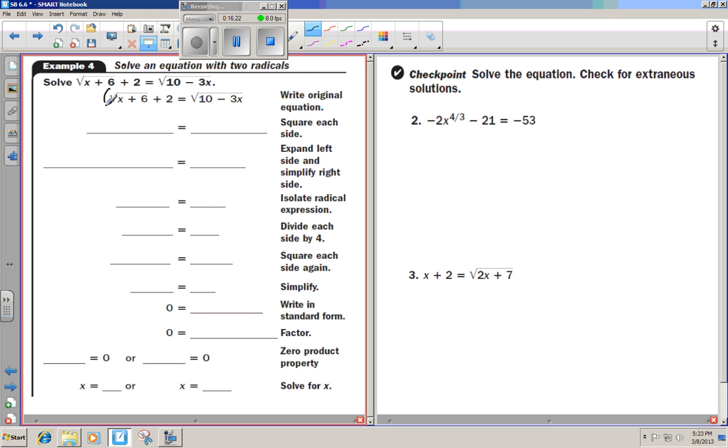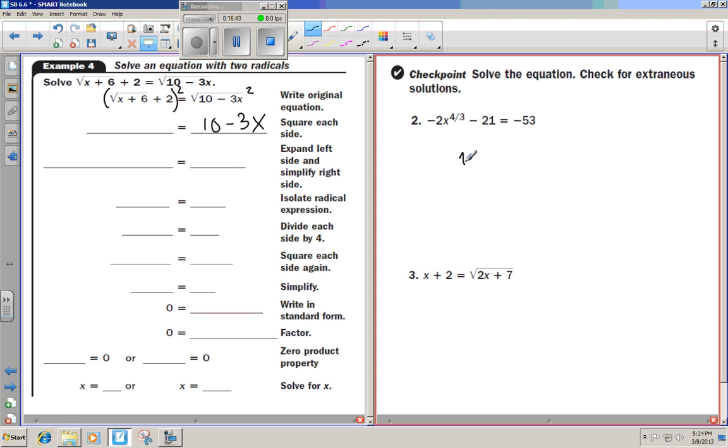Now, squaring each side is a little bit more complicated than it has been. On the right side, the square and the square root just disappear, leaving 10 minus 3x. Over here, though, it's two separate terms. So when you have two separate terms that you square, it ends up being the square root of x plus 6 plus 2 times the square root of x plus 6 plus 2.